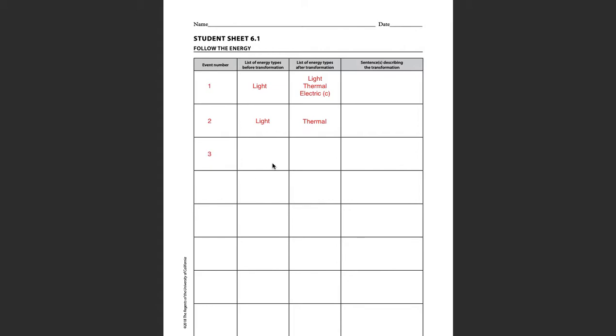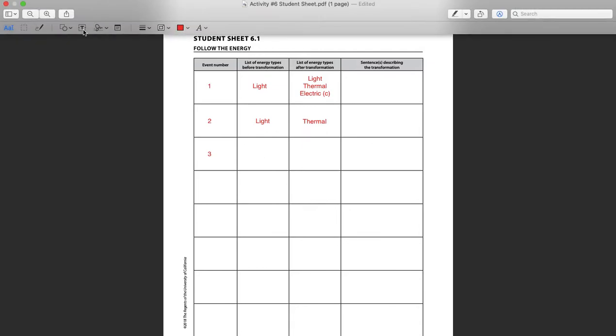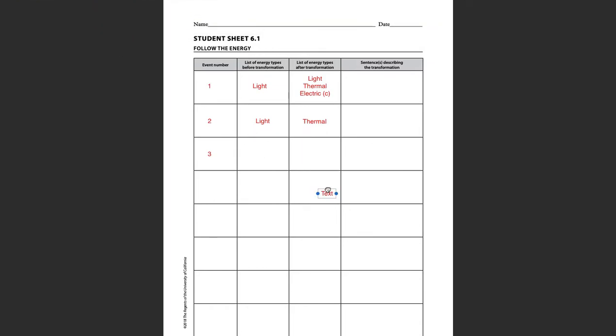Candles, before they're lit, they start out with a type of energy that is called chemical potential energy because they store and they hold chemical bonds. So we'll put chemical in here for before the transformation.